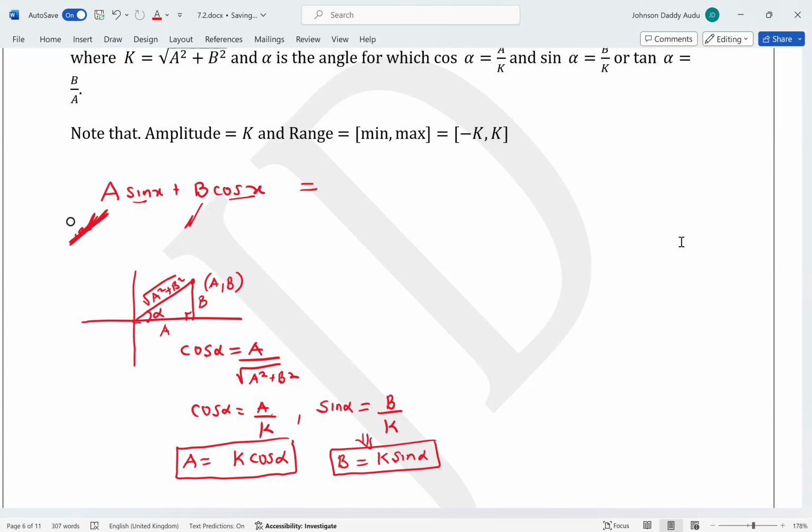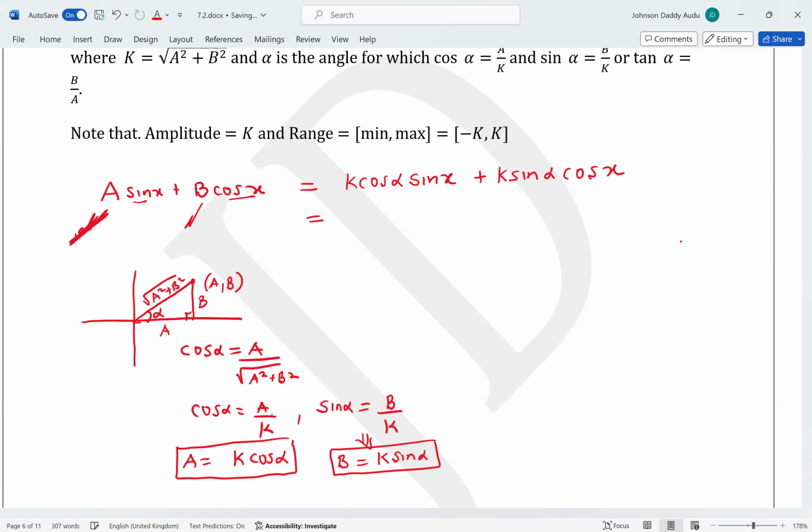Now, if we get back here, instead of a we write k cosine alpha, then we have sine x. Plus, what is b? b is k sine alpha, then we have cosine of x, right?